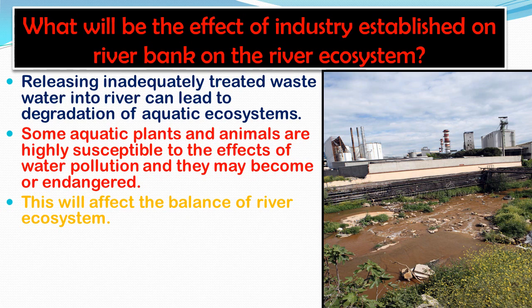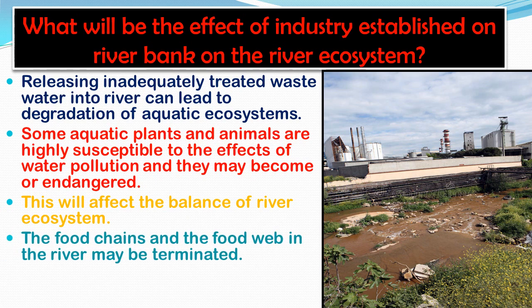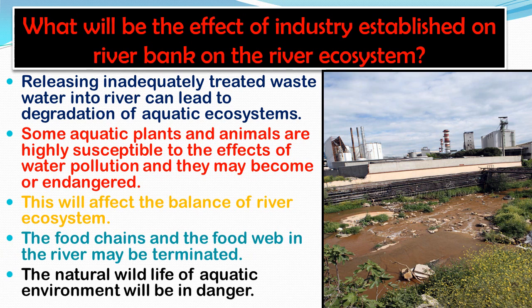The food chains and food web in the river may be terminated, and the natural wildlife of the aquatic environment will be in danger. This is how the food chain, ecosystem and environment are disturbed if an industry is established on the river bank.